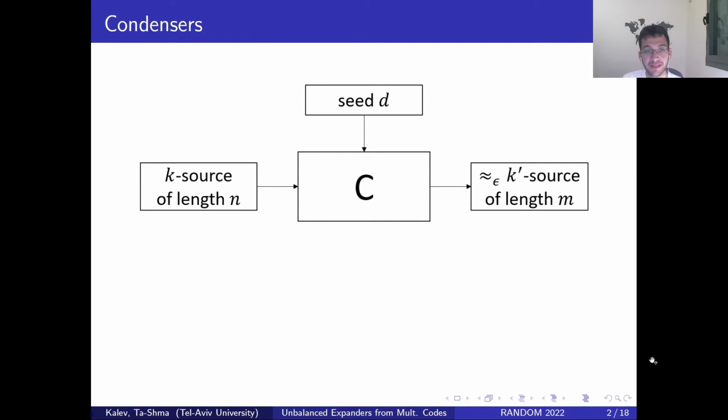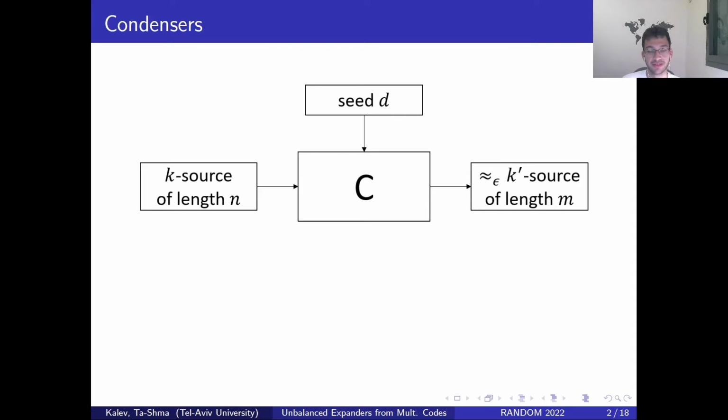Firstly, we must define what a condenser is, because this is the main object we are going to construct in this talk. A condenser is a function with two inputs, a k-source of length n and a seed of length d. To be a condenser, the output distribution must be epsilon-close to a k'-source of length m.